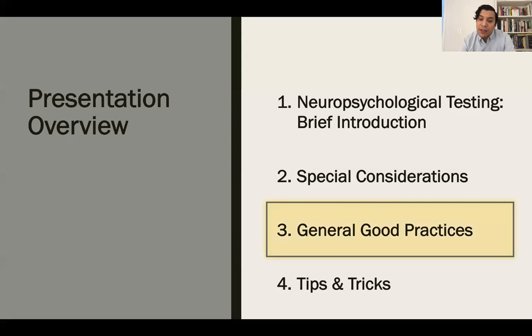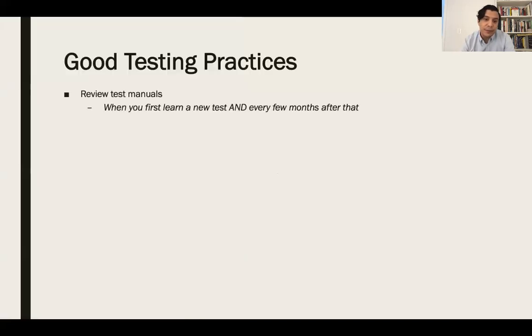So moving on to general good practices of administration and scoring. The first good practice is to review test manuals. This is important both when you first learn a new test, as well as every few months after that.